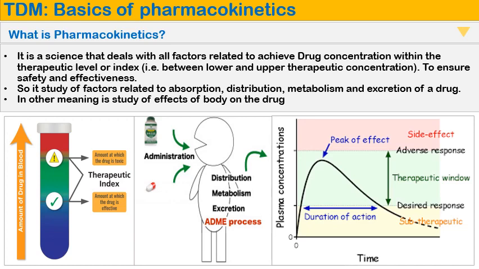If we plot the concentration obtained from the plasma versus time, which is called the concentration time curve, we find this curve for all the routes. From this curve, we can determine a lot of information, including the therapeutic window, the peak of effect, and the duration of action.